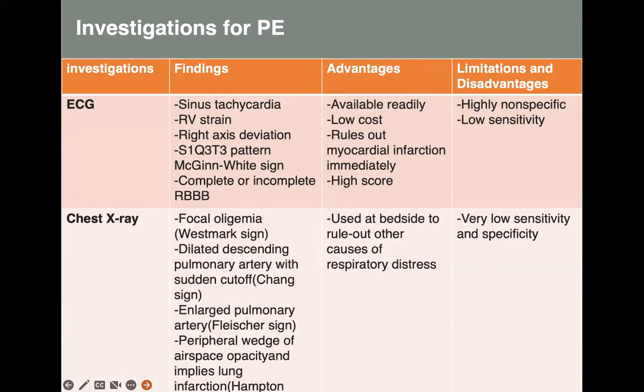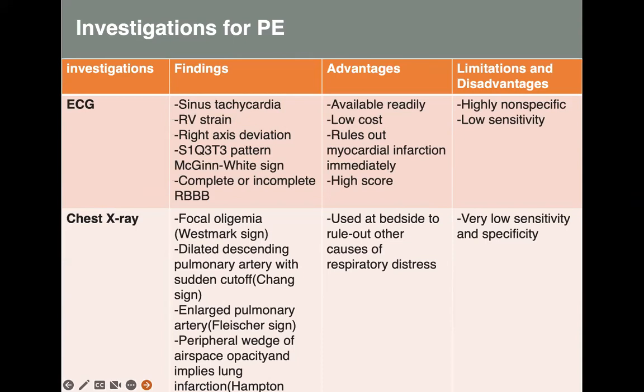ECG is something that you can do bedside, emergency setting, ICU, or in the ward, anywhere we are able to do ECG. And in the ECG, we expect to see right ventricle strain. And this can be seen by this McGinn White sign, where we see there's an S wave in lead 1.